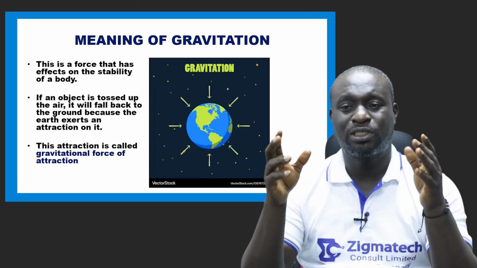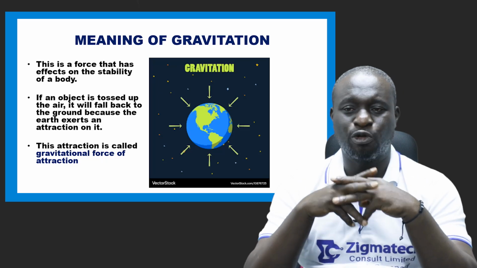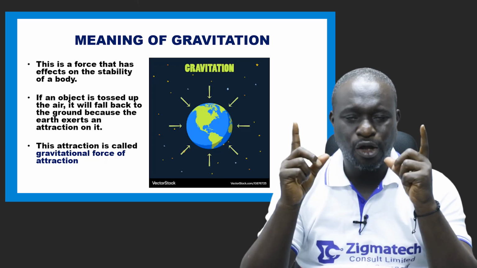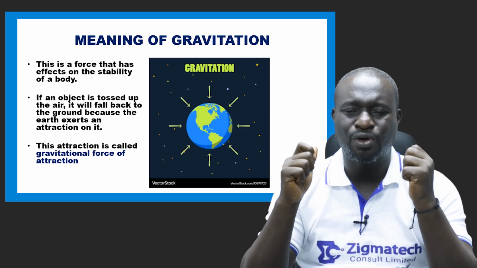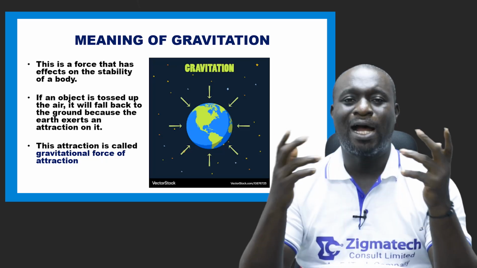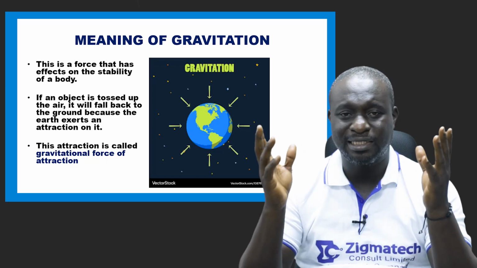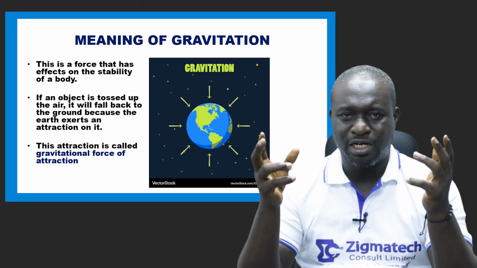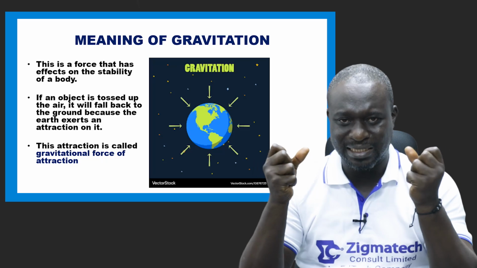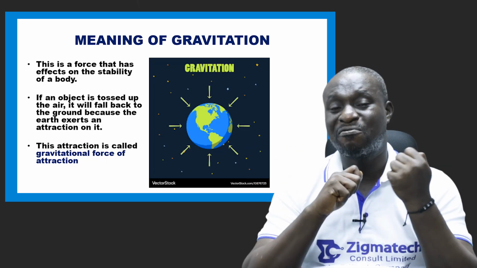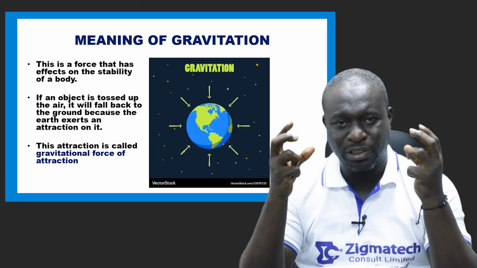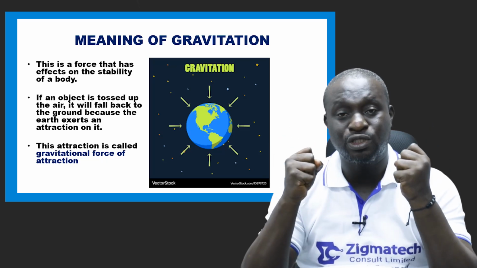Now, if an object is tossed up in the air, it will fall back to the ground because the earth exerts attraction on it. Now, why the attraction is there, that I can't tell, but the earth has a massive force of gravity that pulls whatever goes up, always pulls it down.